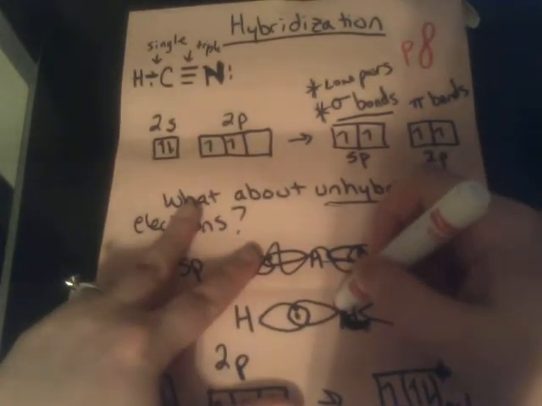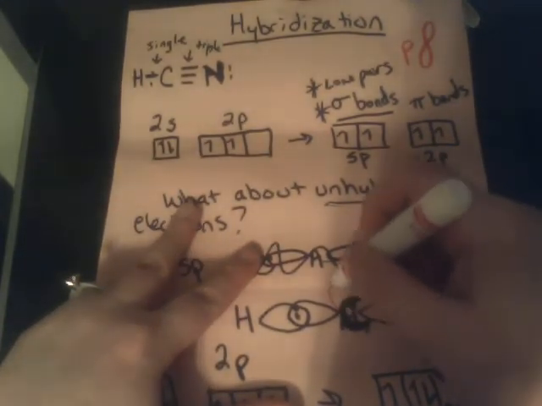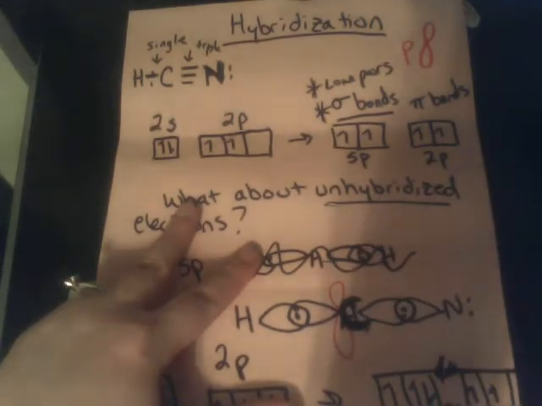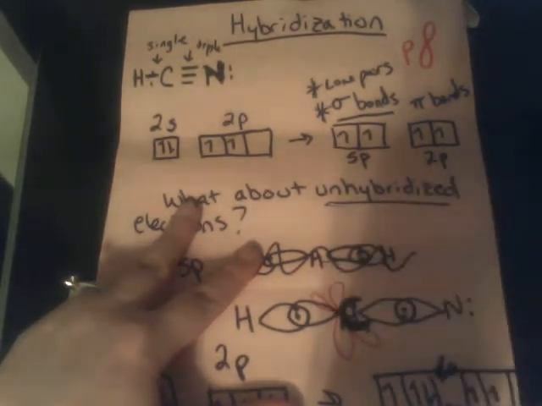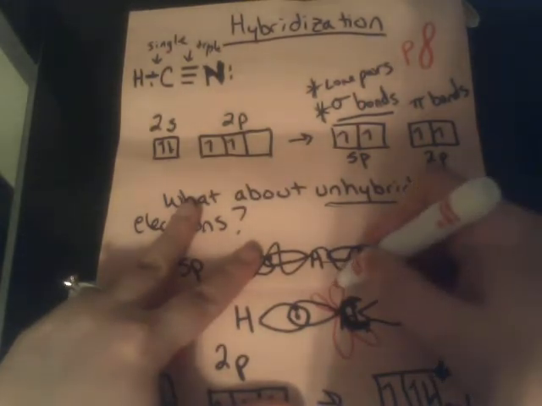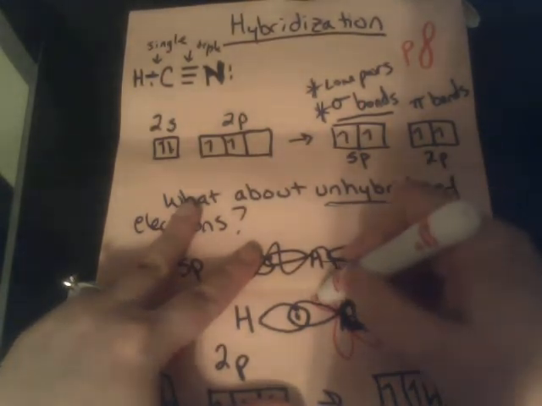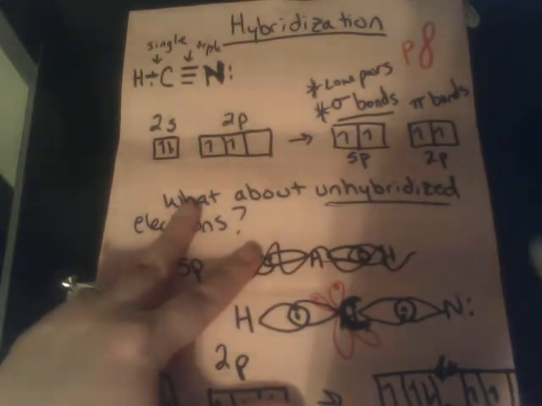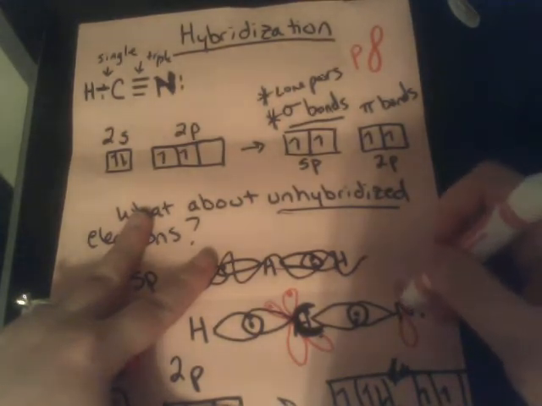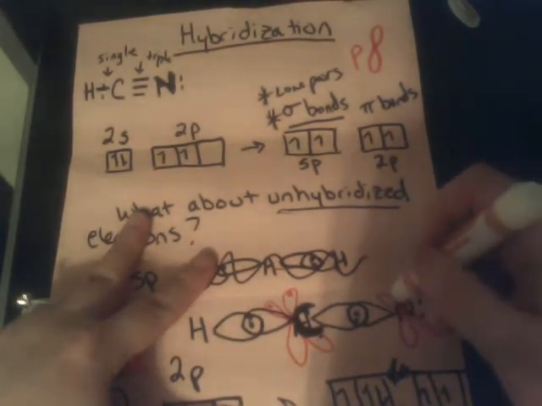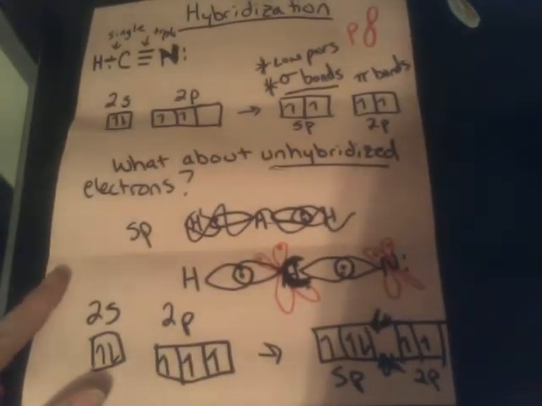So we're going to have one that's going straight up and down from the carbon, and we're also going to have one that's coming right at us from the carbon. And these also have a lone electron in them, don't they? How about nitrogen? Same deal. One that's coming up, coming down, and he also has one that's coming straight at us, right? My drawings are not pretty. If you look at the text, it's much better.